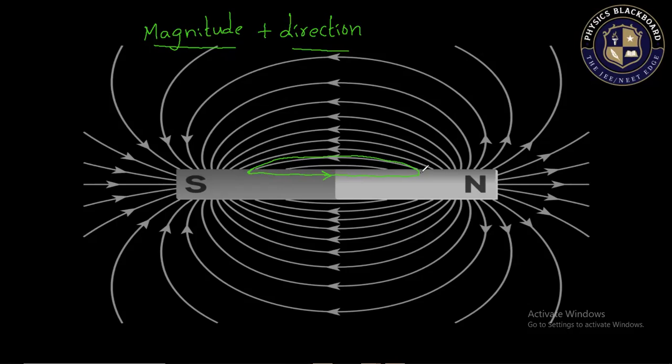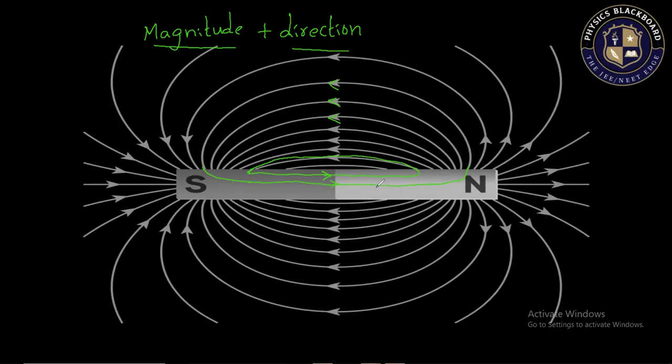Outside the magnet they run from north pole to south pole, and once they get into the magnet, they are drawn from south to north.